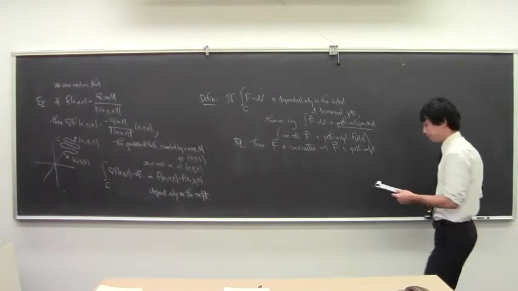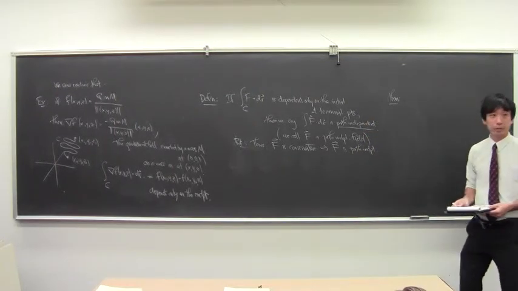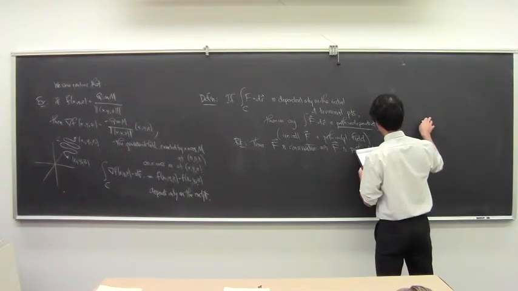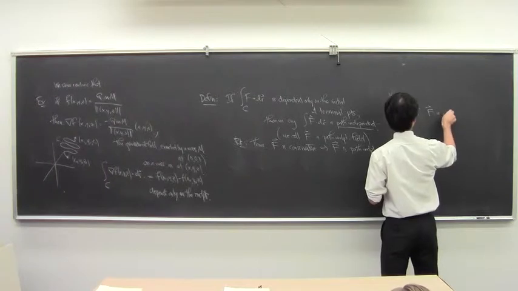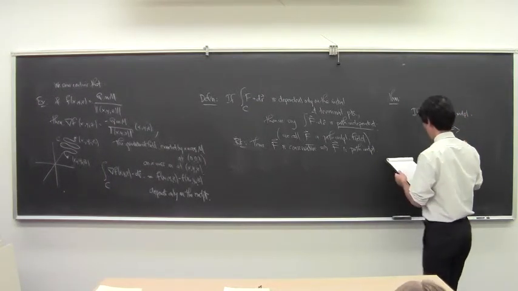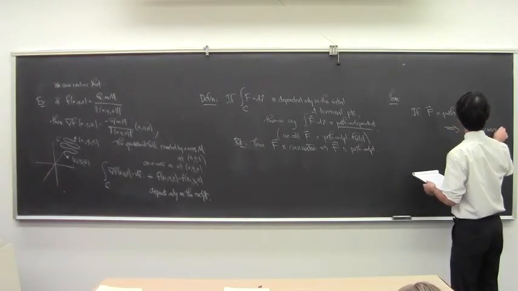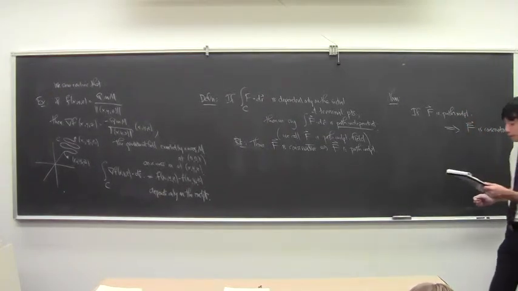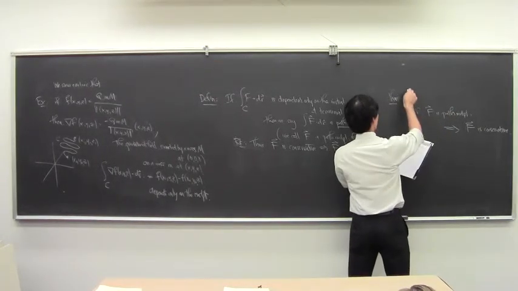Okay. In fact, there's a converse statement. If F is path independent, it's possible to see that F is conservative. You have to put some conditions on.